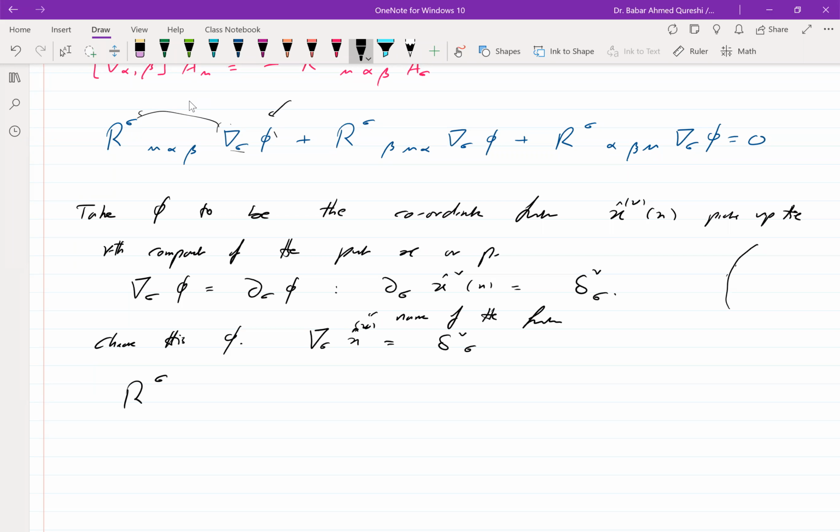So I get R nu mu alpha beta plus R nu beta mu alpha plus R nu alpha beta mu is 0.